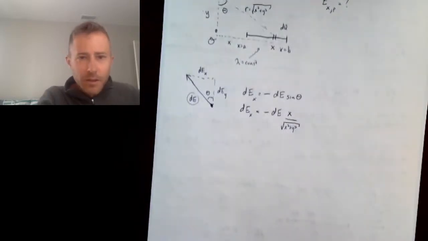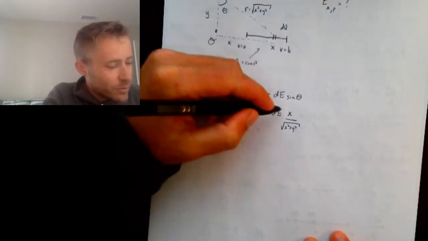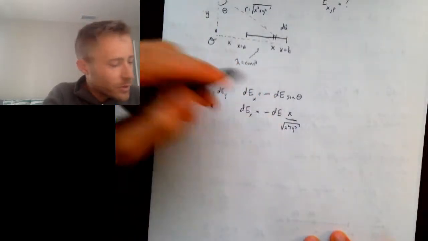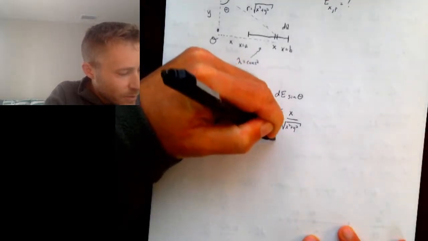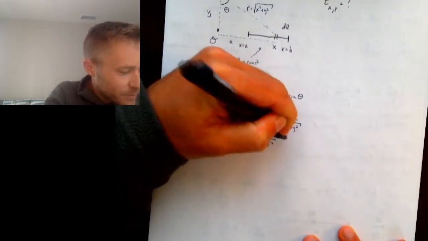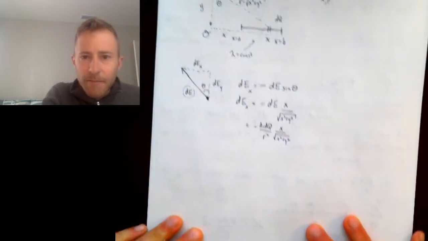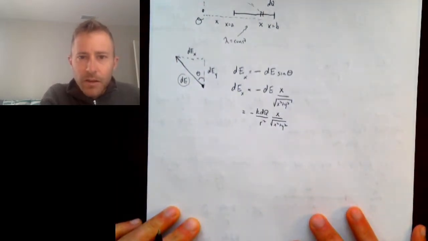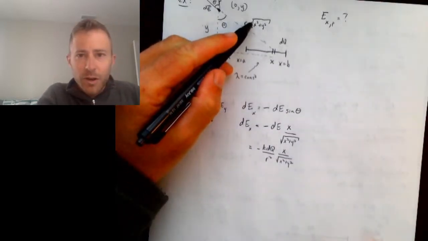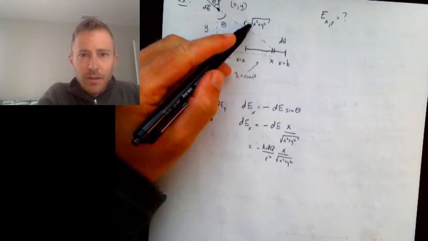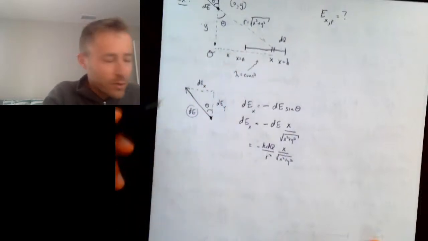Okay? So now I'll just plug in for dE. dE here is the magnitude of the infinitesimal electric field, and as I taught you, that is k dq over r squared. I know that r is the square root of x squared plus y squared, so r squared is just x squared plus y squared.